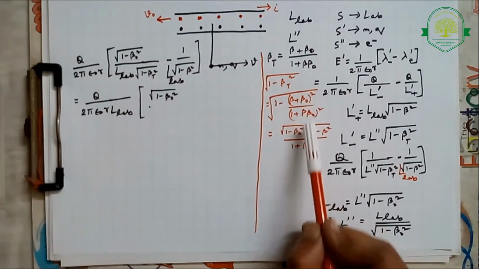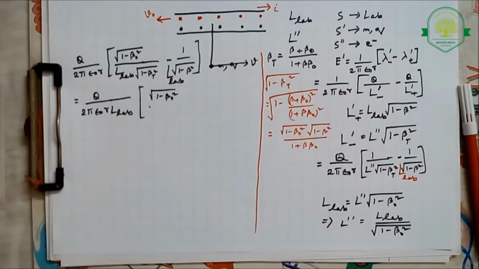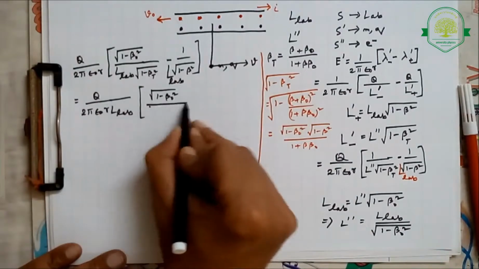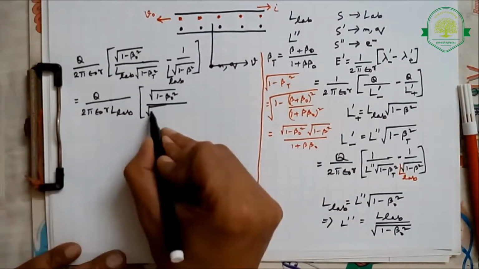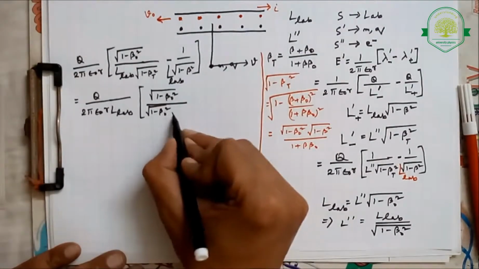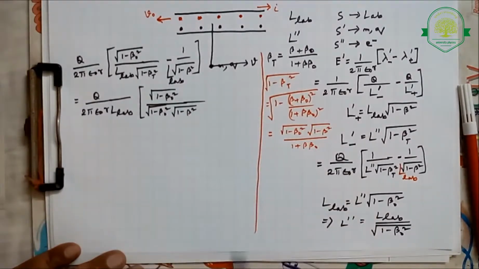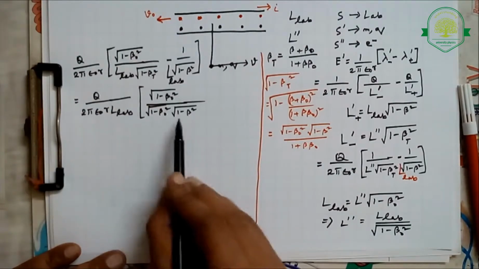So this is what we get after this has been done. Alright. So if I substitute that in here, I'll get a square root of 1 minus beta naught squared times square root of 1 minus beta squared, and at the bottom I'll get a 1 plus beta beta naught.